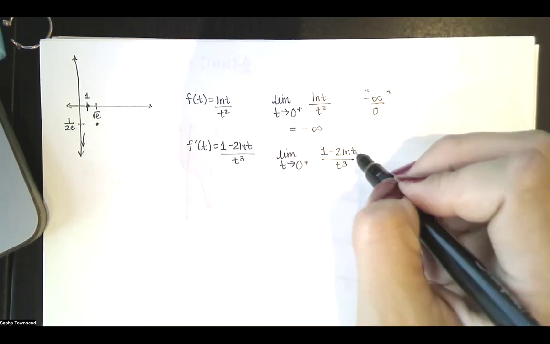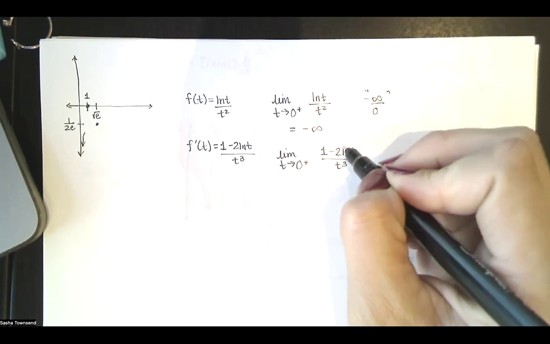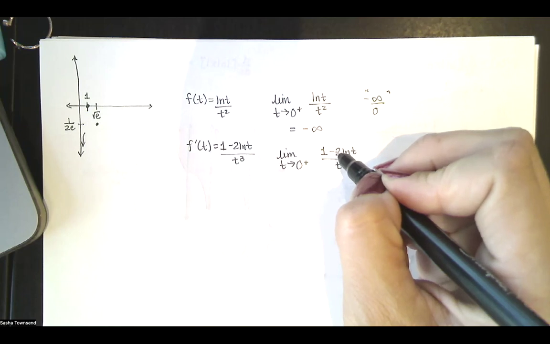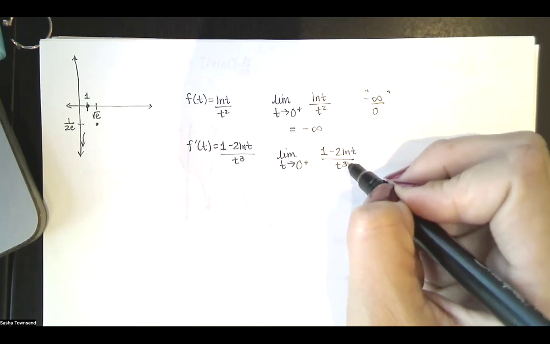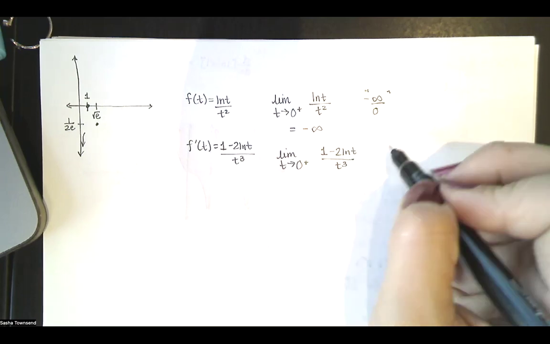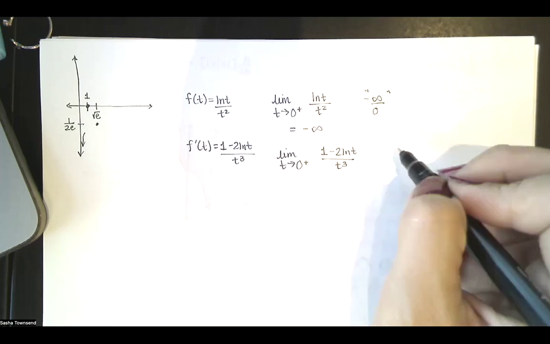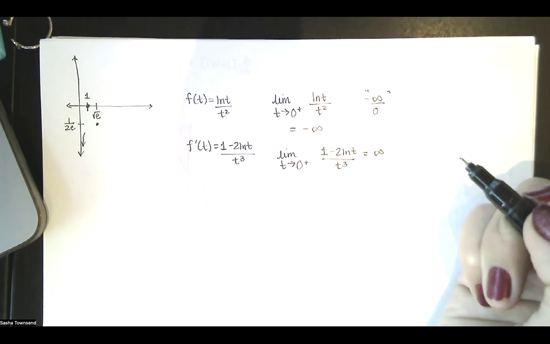So the numerator is going to go to positive infinity because the natural log of t is going to negative infinity. Then we multiply it by -2. So it's going to be a large positive number divided by a tiny positive number. So a large positive number divided by a tiny positive number is going to be a large positive number times a large positive number. So we should go to infinity there.